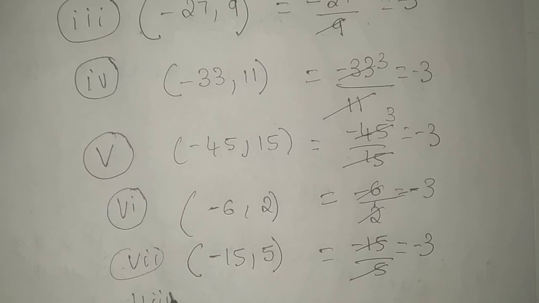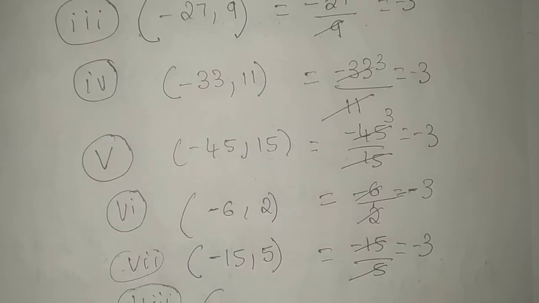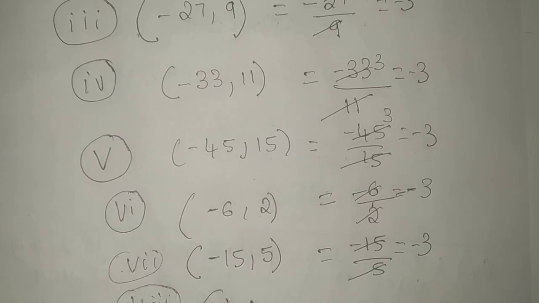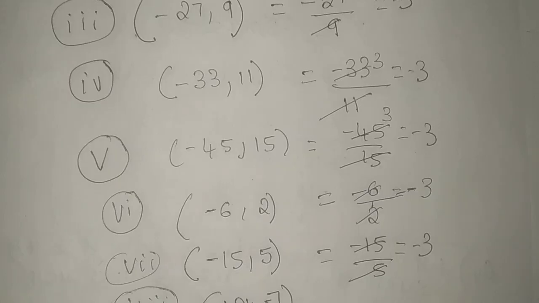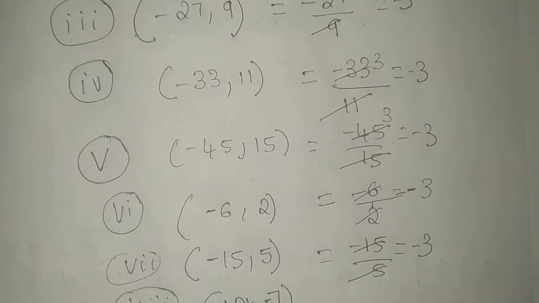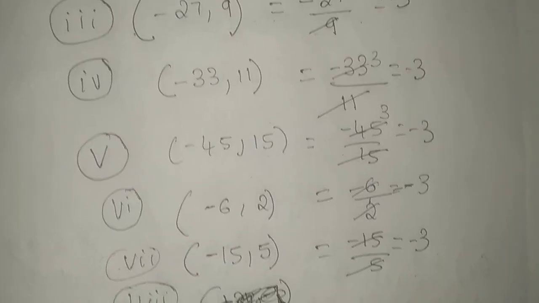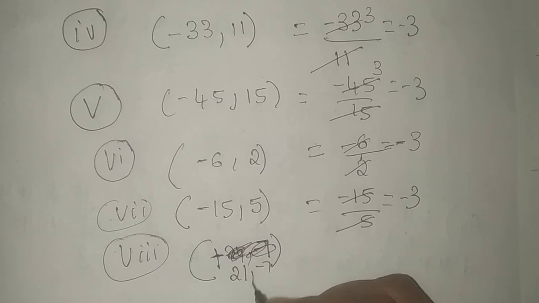One more we can write. 7 also we can write. So I'll take 7 into 3, yeah, 7 threes are 21, so 21 and minus 7 we can take.